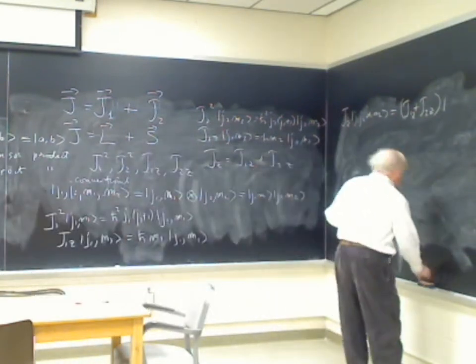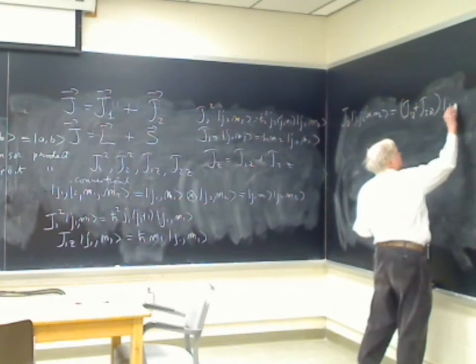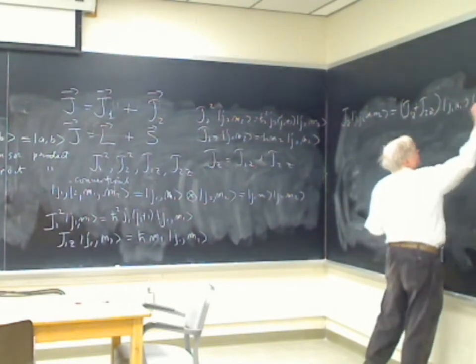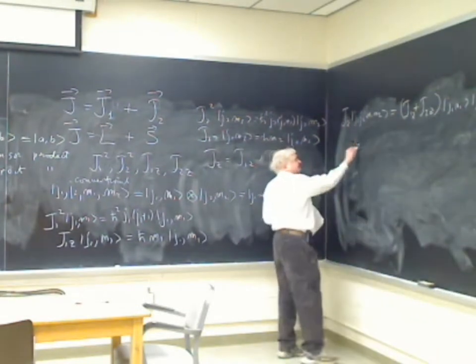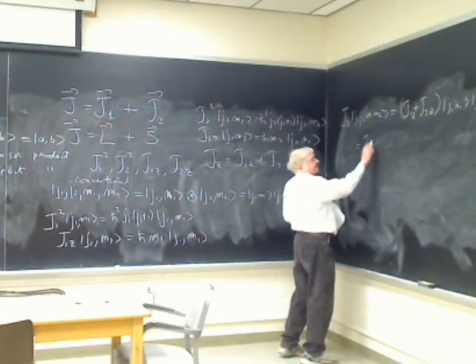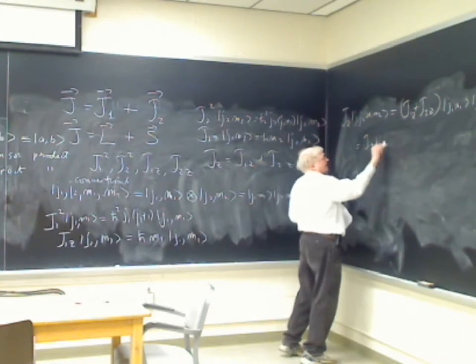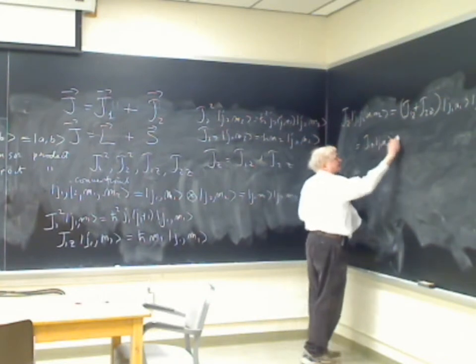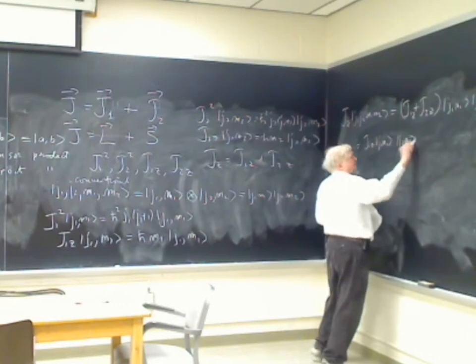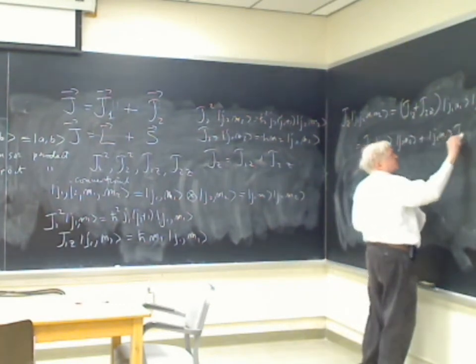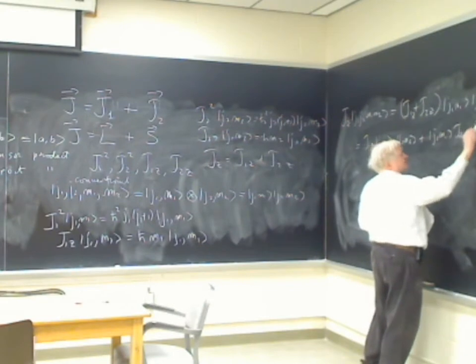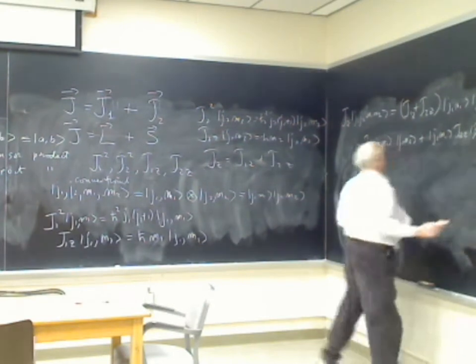In other words, what this thing is, is J1z on |J1 M1⟩ times |J2 M2⟩ plus |J1 M1⟩ times J2z on |J2 M2⟩.